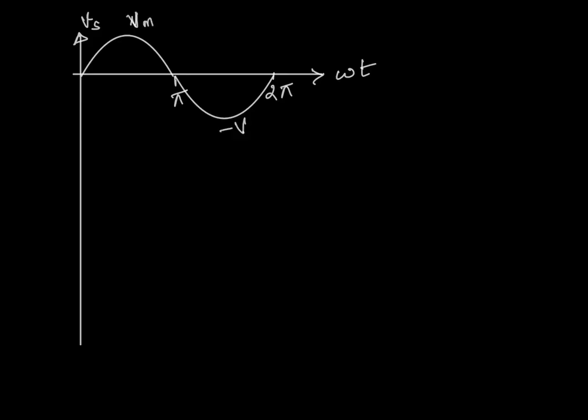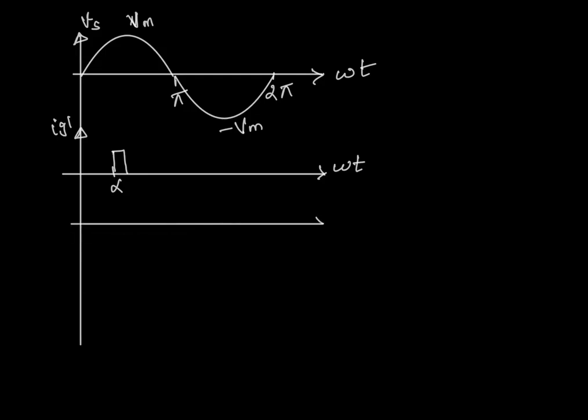This is minus Vm. Now we can draw the gate signals for T1 and T2. At alpha, we are releasing a gate pulse to T1, and at pi plus alpha, we are releasing a gate pulse to T2.